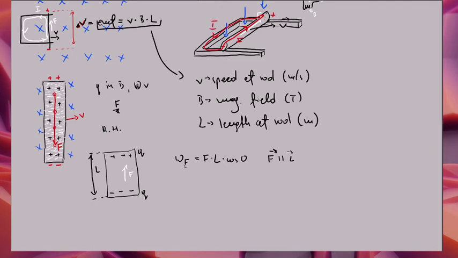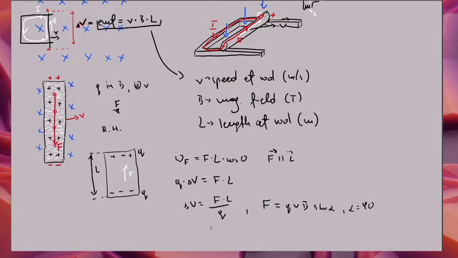But the work done by force F is also equal to the potential energy set up between the two charges, and so that potential energy between the two charges is just Q times delta V. That equals F times L, and so now what I have is voltage equals F times L over Q. But the force, this is a magnetic force produced by a magnetic field and the charges that move through the magnetic field, and so that's Q V B times the sine of some alpha, but this alpha is the angle between V and B, and so that's 90.